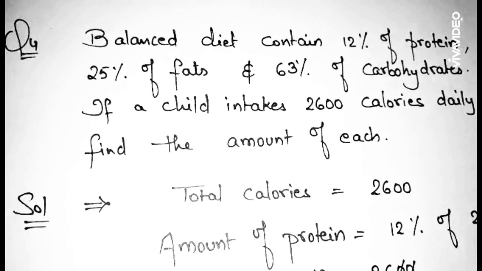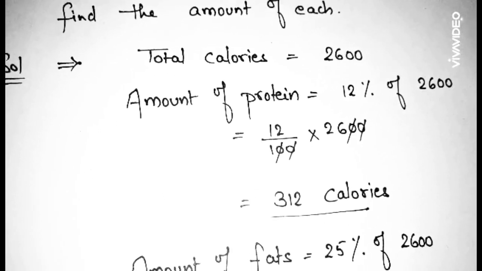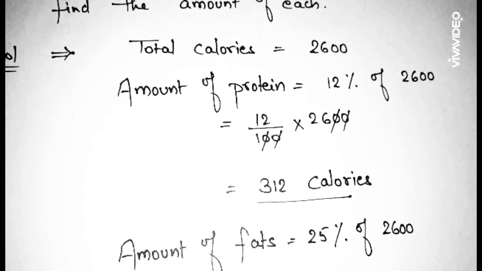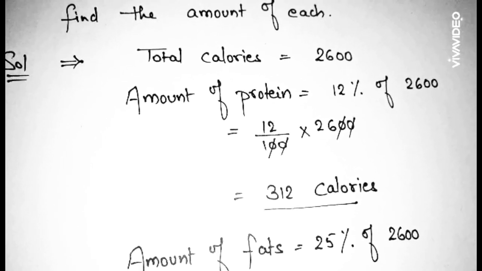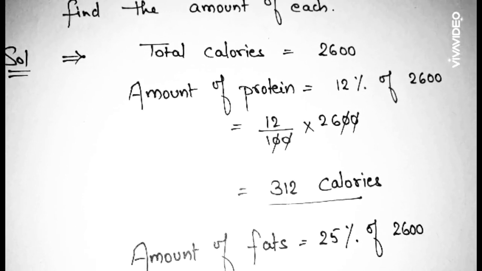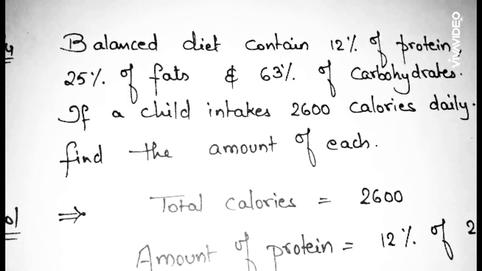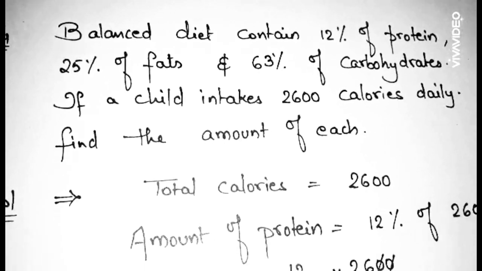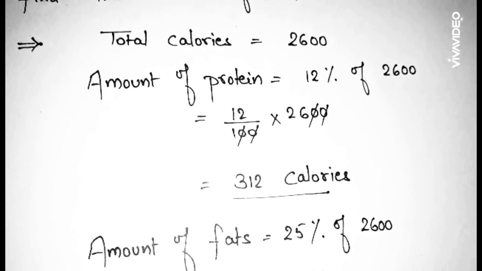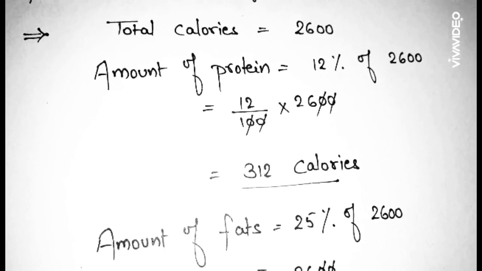So let's see. Total calories is equal to 2600. Now we have to find the amount of each item. So let's calculate first the amount of protein. In the question it is given that 12% of protein is there. Amount of protein is equal to 12% of total.